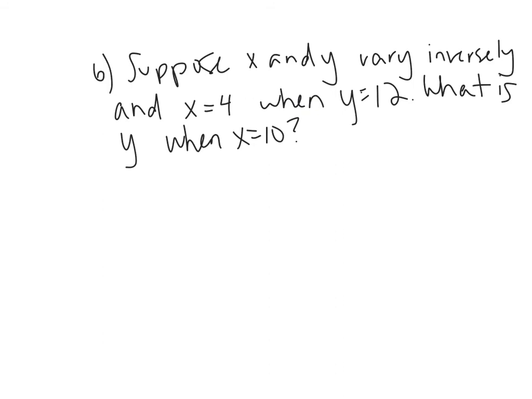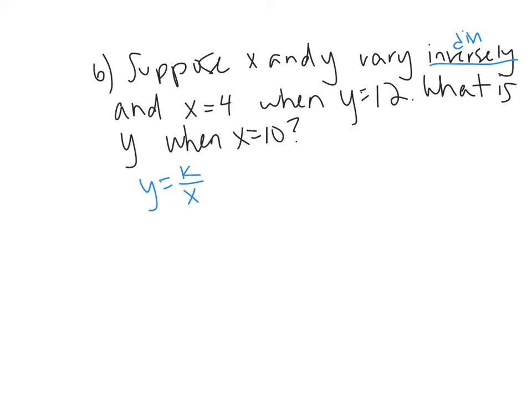So let's look at that first sentence. Suppose x and y vary inversely. Well, if x and y vary inversely, inversely means we can divide, right? Sorry, my pen is not the best here. So divide. Suppose x and y vary inversely, so we know for sure that y equals some k value over x.